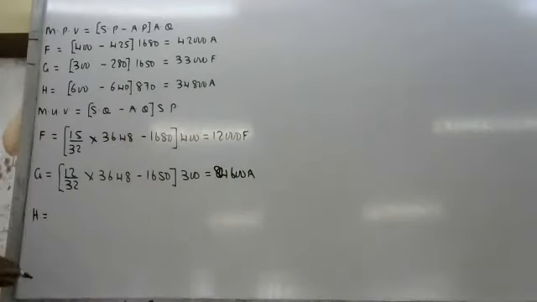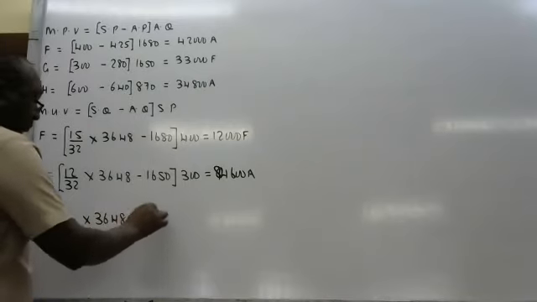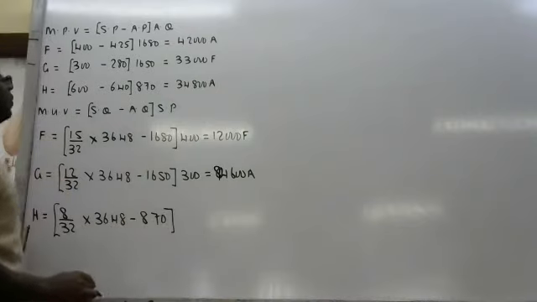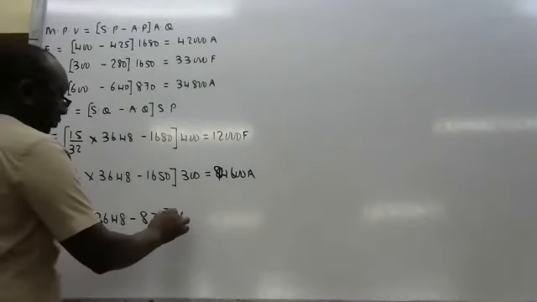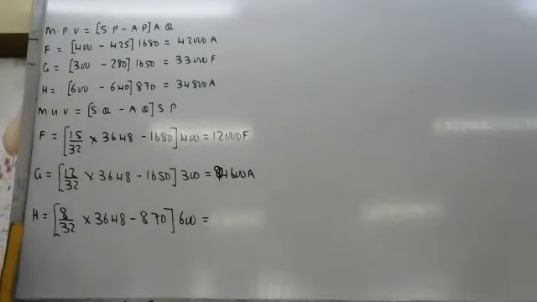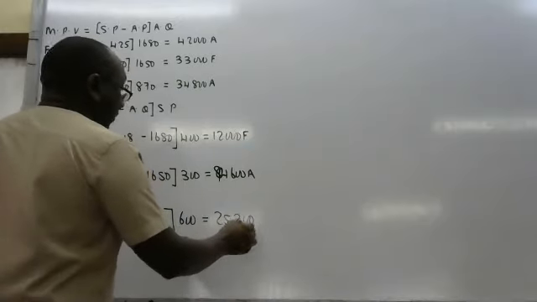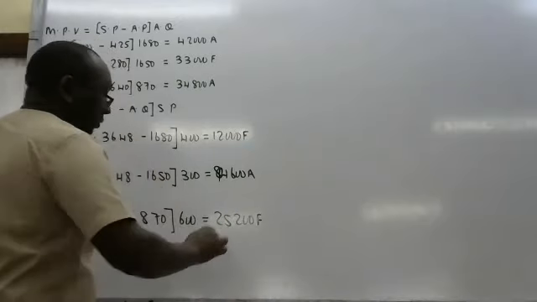H is 8 in a total of that 2 times that 648 minus 870 at a starting price of 600. 25,200 favorable advance. Favorable.